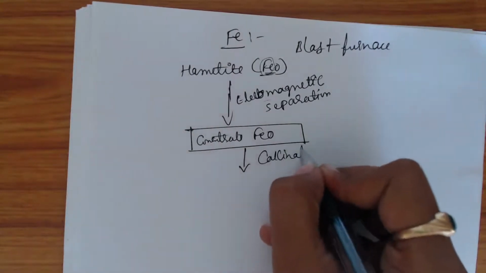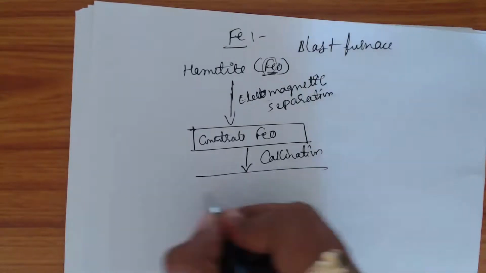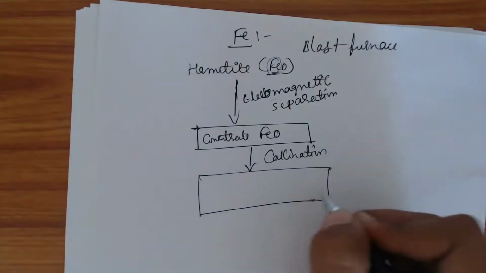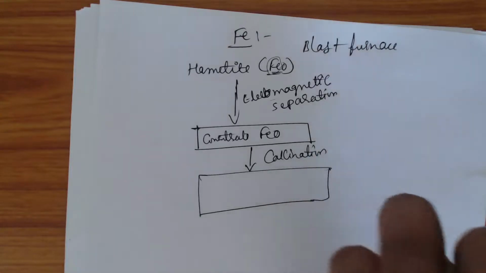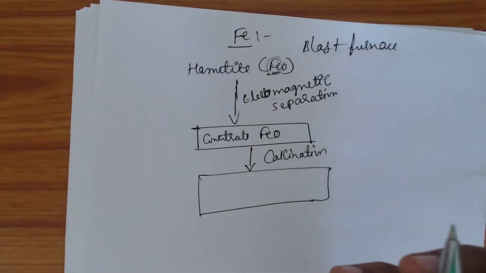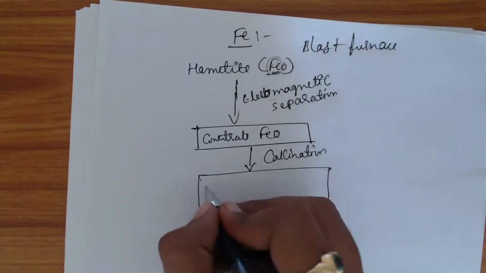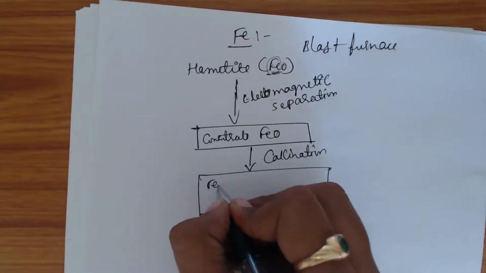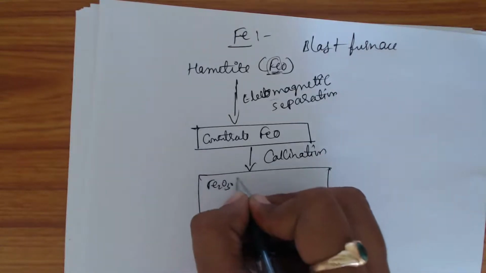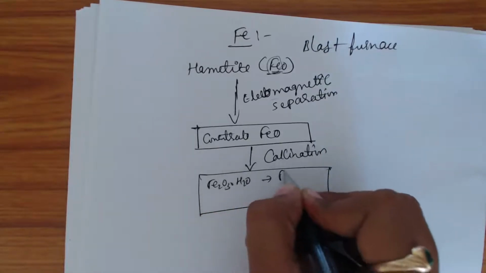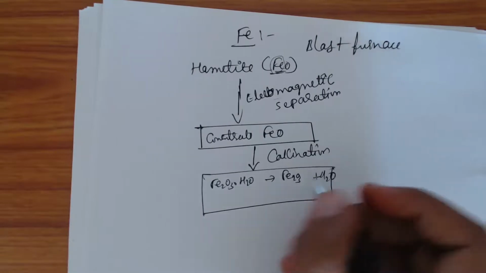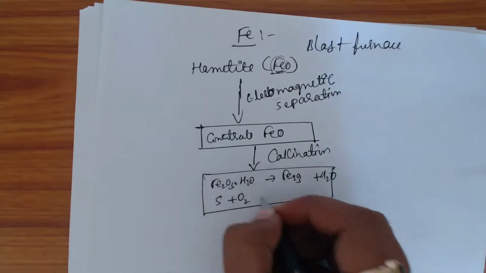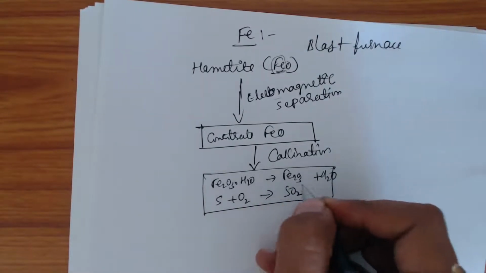Fe2O3 is an oxide ore, so it undergoes calcination. In calcination, any water molecules or other impurities are easily removed. Assume Fe2O3 is present with H2O molecules, then it changes to Fe2O3 plus H2O. If sulfur is there, it forms sulfur dioxide.